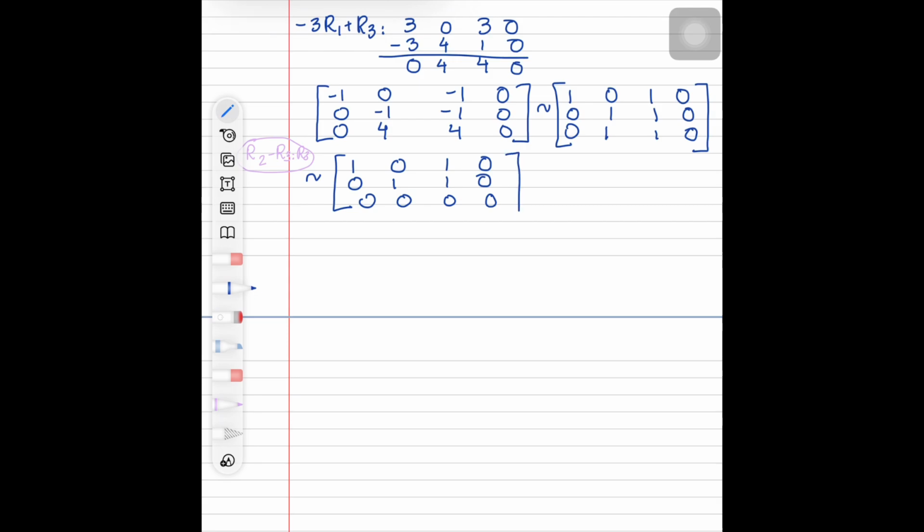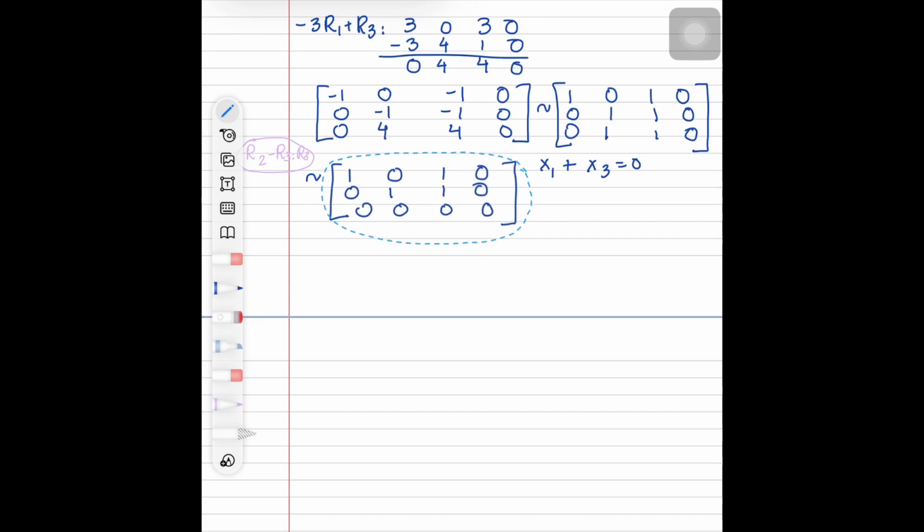So from this matrix we see that it's in row echelon form, first thing. So now we can take the equations. So x1 plus x3 equals 0, just to mention that. This represents x1, x2, and x3.